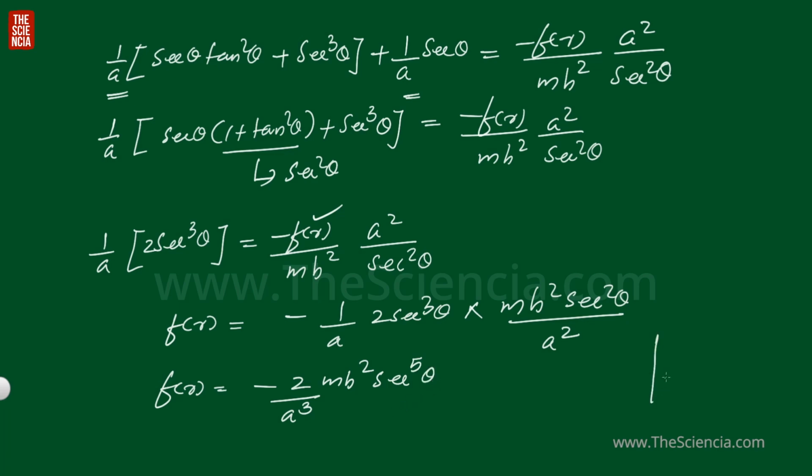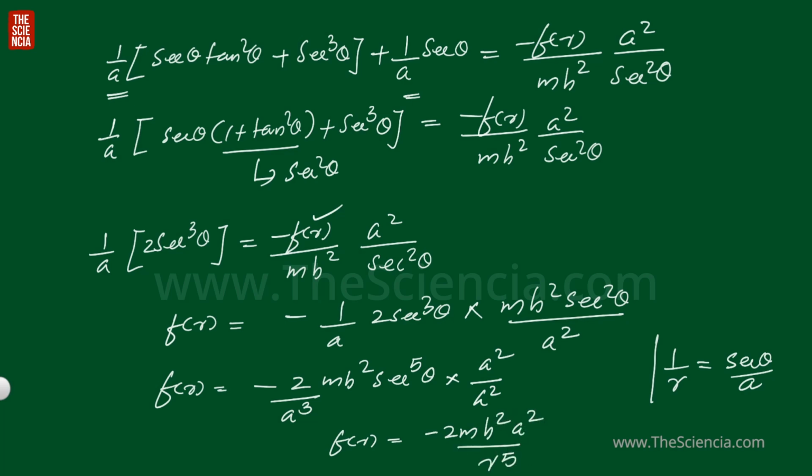In the question it is given that 1 by r equal to sec theta by a. So I am multiplying with this; here one a square is missing, so I am dividing with a square and multiplying with a square. So we get f of r equal to minus 2 m h square a square by r raised to 5. So this is the force law corresponding to the given trajectory.